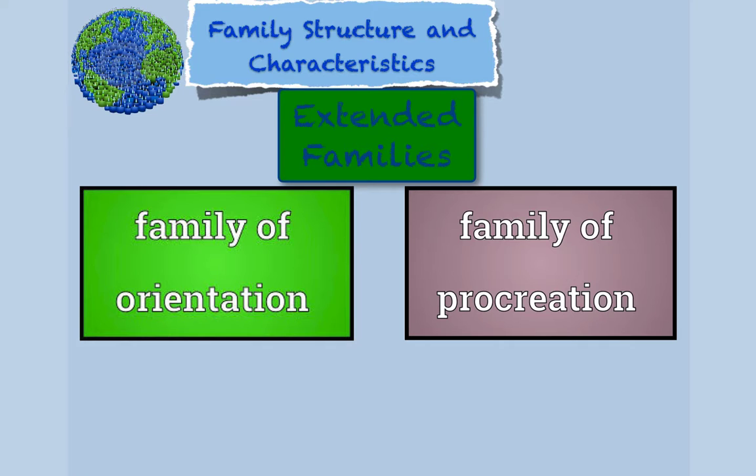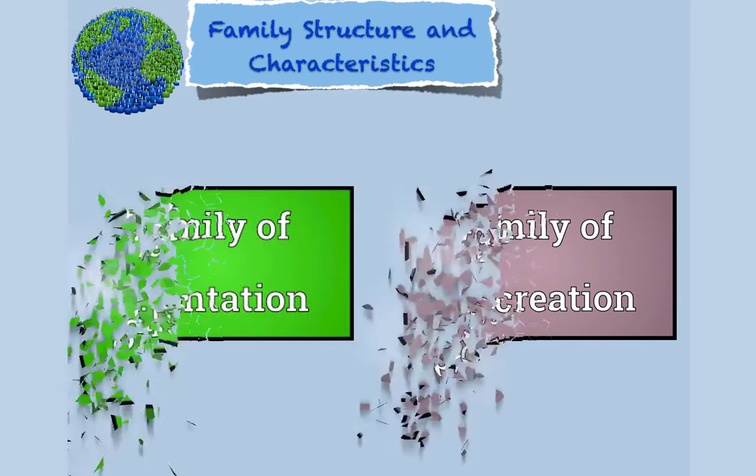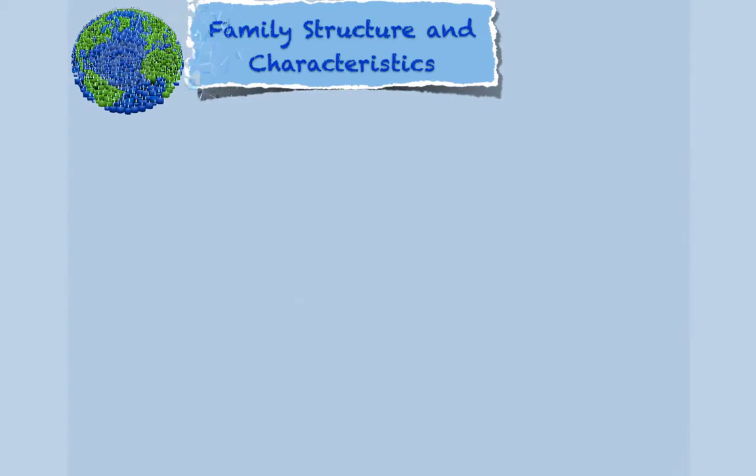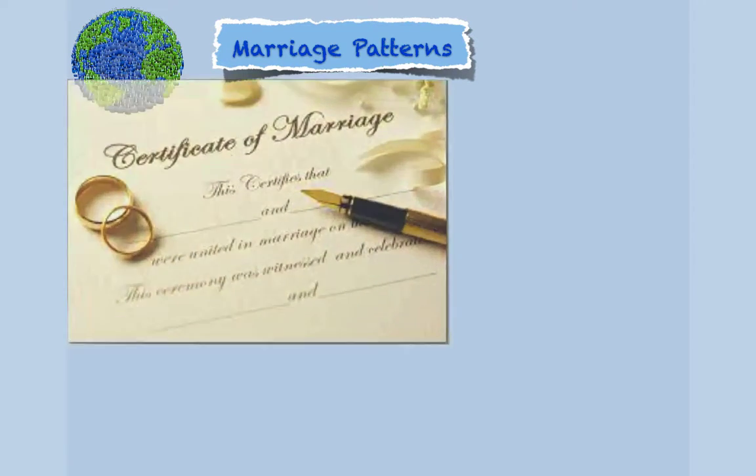And so if we look at marriage and its different forms, or marriage patterns, we look at marriage, which is a legally recognized and or socially approved arrangement between two individuals that carries certain rights and obligations and usually involves sexual activity.